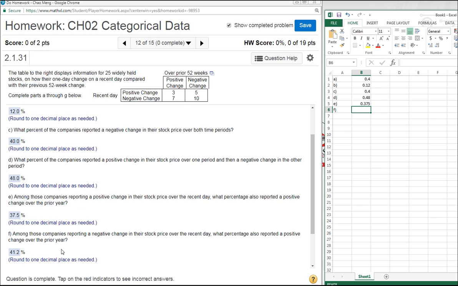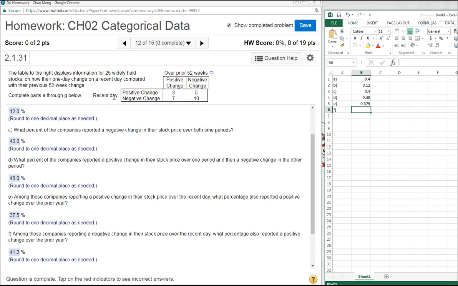Part F is similar to part E. Among those companies reporting a negative change in their stock price over the recent day, what percentage also reported a positive change over the prior 52 weeks? We are fixing the value of one variable.